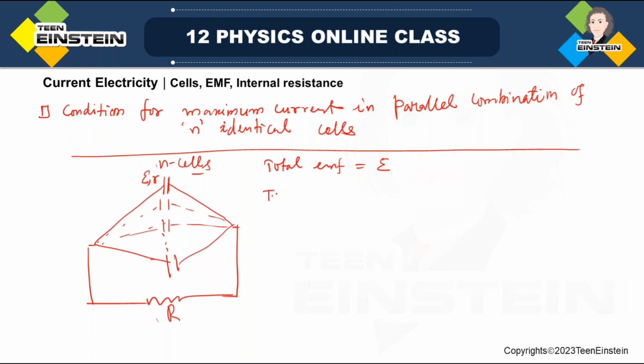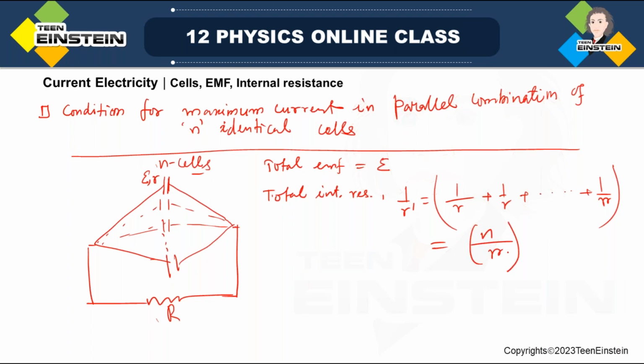And the total internal resistance, r prime: 1 by r prime is equal to 1 by r plus 1 by r, and so on up to n terms. So you get n by r.